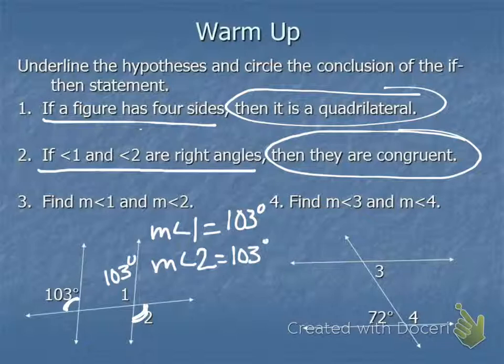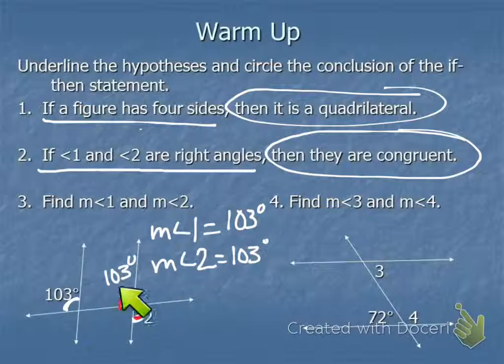The other way to do this would be to notice that angle 1 and angle 2 are... Do you remember what those are called? They're congruent. Why are they congruent? It's something we actually learned last chapter. When they're formed by 2 lines that intersect.